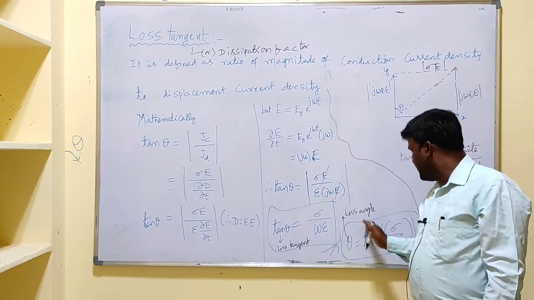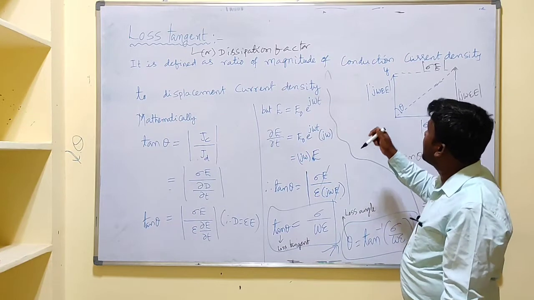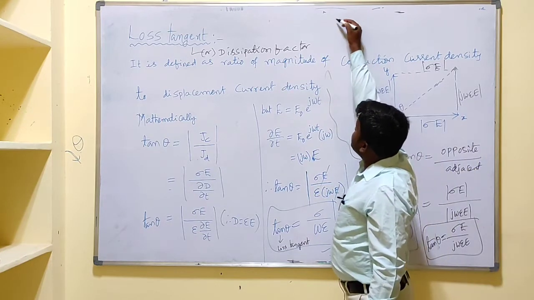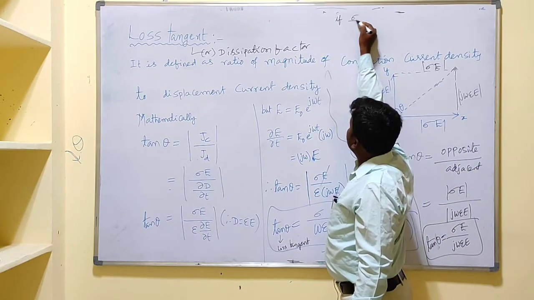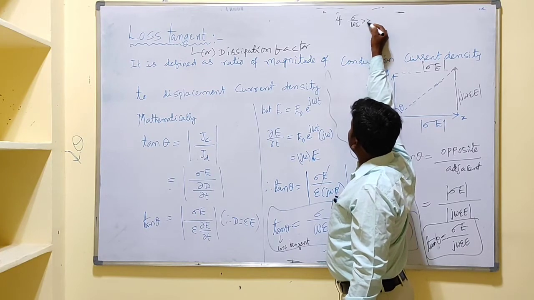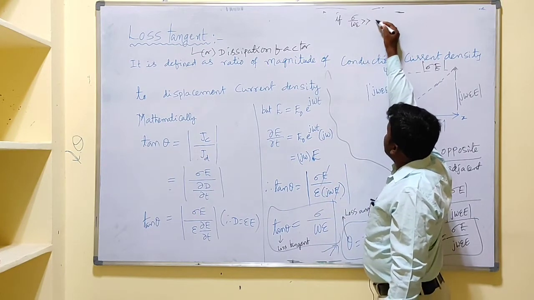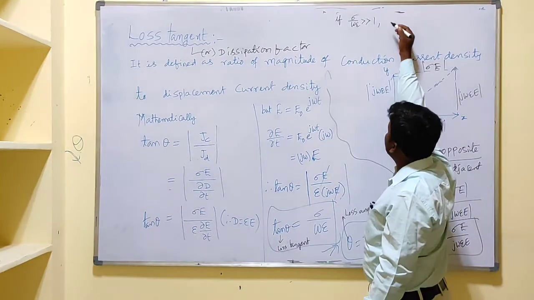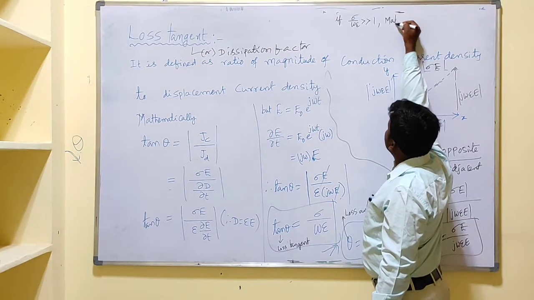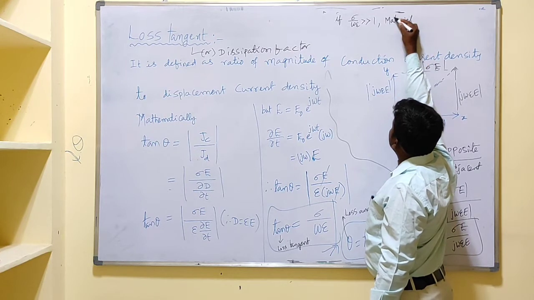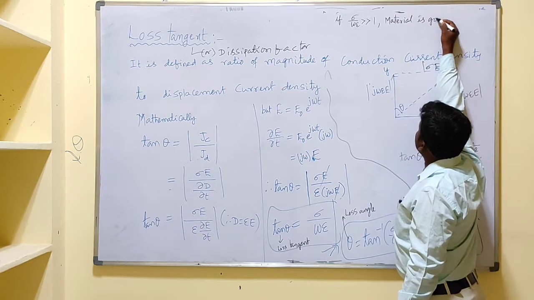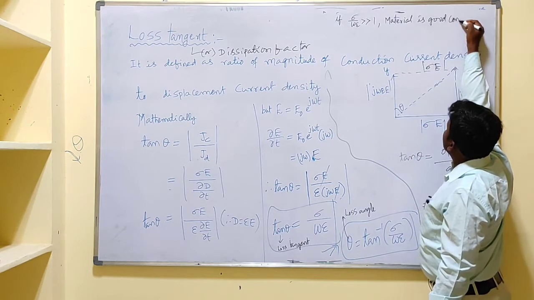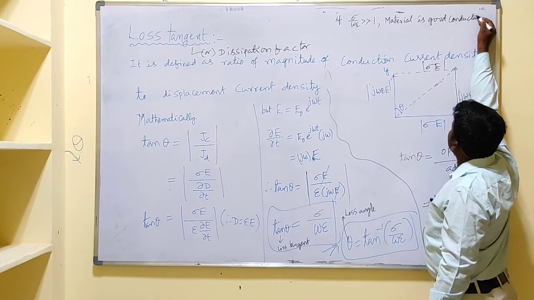Now, what is the importance of this loss tangent? Tan theta is nothing but sigma by omega epsilon. If sigma by omega epsilon is greater than 1, that means it is large, and it indicates the given material is a good conductor.